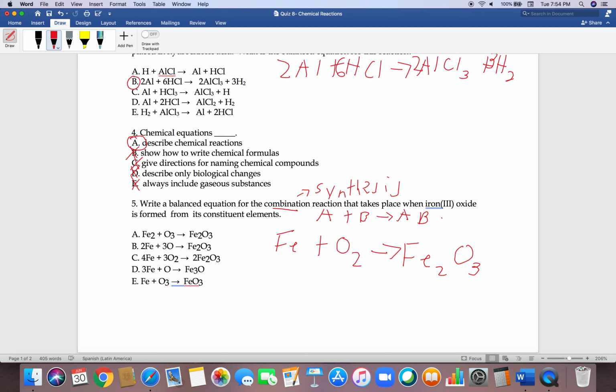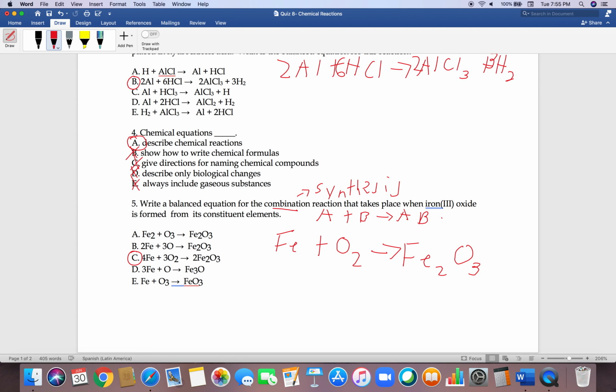Now, looking at our options, you guys got lucky because I only gave you one option that includes diatomic oxygen, which is the correct choice. So our answer choice has to be C, but let's understand why. We have encountered a scenario where we have 2 oxygen on the left and 3 oxygen on the right.